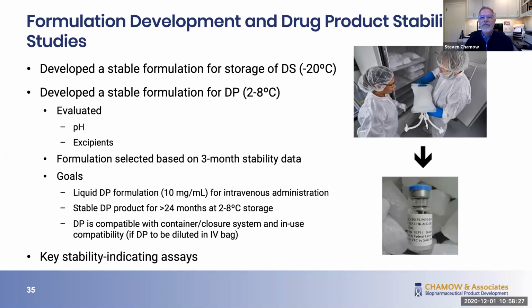These must be identified and used for these kinds of studies. For monoclonal antibodies and bispecifics, one of the most important stability indicating assays is SEC HPLC, because the principal route of degradation of these kinds of molecules is aggregation.